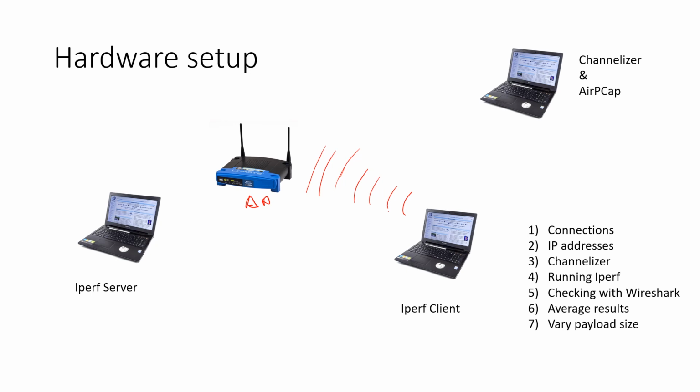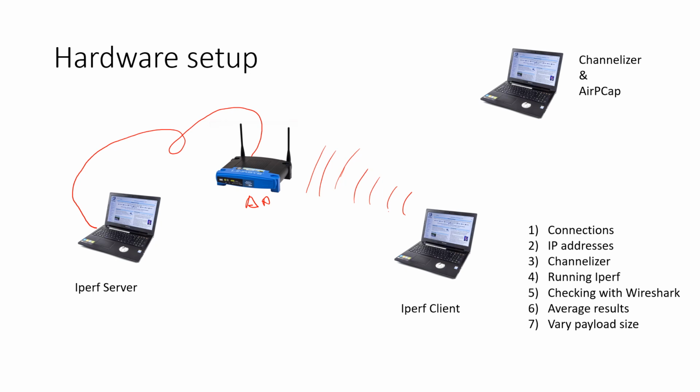Now, the connection between the access point and the Jpath server under normal circumstances would not be a wireless link, but we would have a wired link, and we would connect from the access point to the Jpath server using an Ethernet cable, and so that would be plugged into one of the Ethernet ports on the server side and one of the Ethernet ports available on the access point itself.